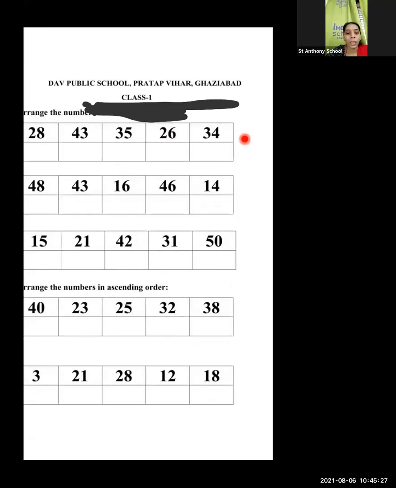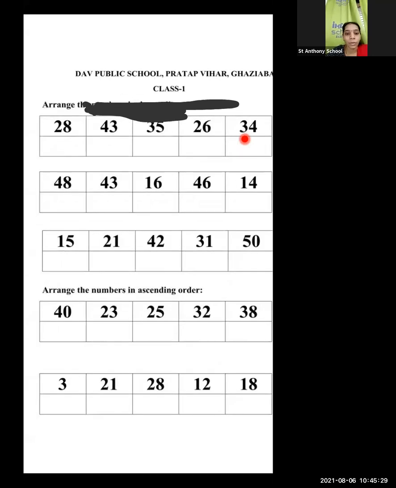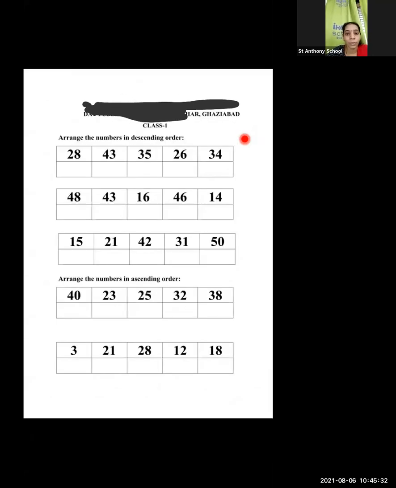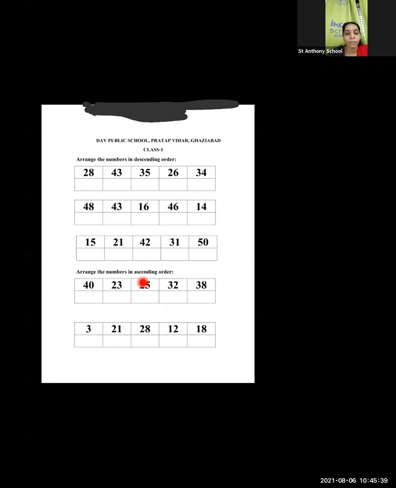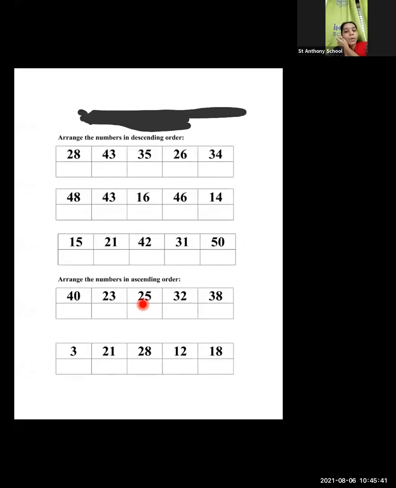So the numbers in this descending order sum are 28, 43, 35, 26, and 34.